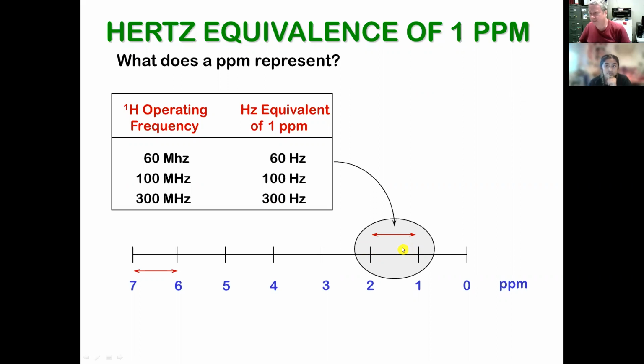Of course, that makes sense because hertz depends on the operating frequency of the NMR machine. So 1 ppm on a 60 megahertz machine means 60 hertz of space. And on these greater frequency NMRs, it's actually a larger amount of hertz, so more information can be encoded in this space.